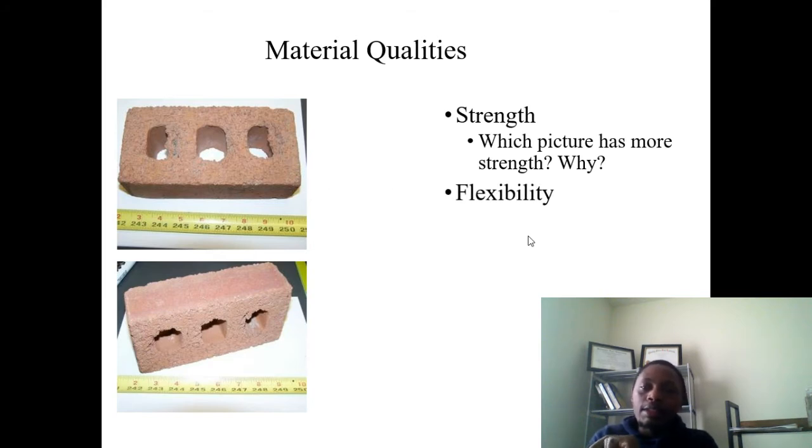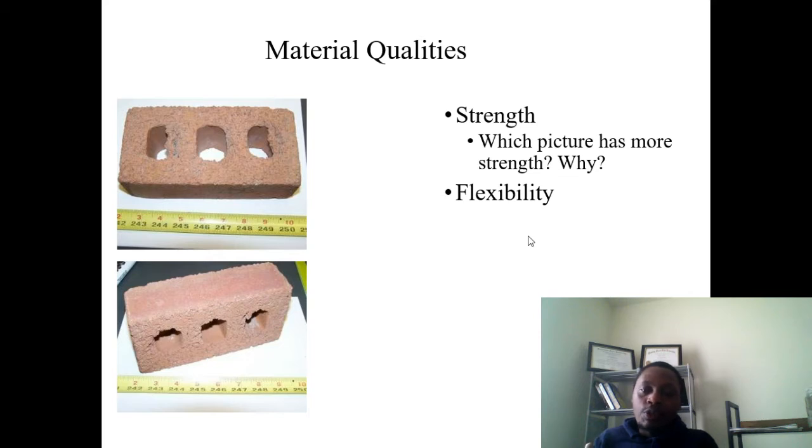The second thing that we are looking at is the flexibility of our materials. Okay, so for example, if we were doing gas piping or our HVAC, the heating systems in our building, we need to use pipes which are more flexible to go through the different designs of our building.